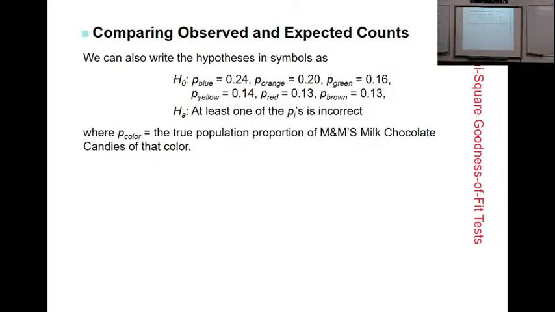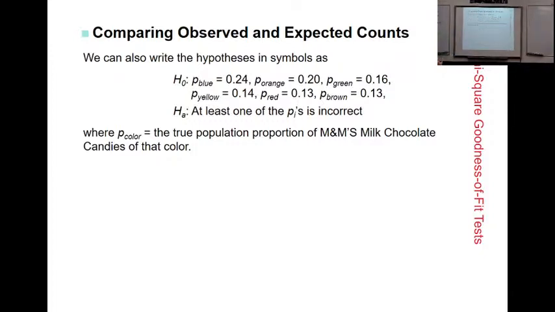And the way that we are going to test this is to compare something called observed counts with something called expected counts. The observed counts are kind of like when we did scatter plots and residuals, and we had this formula of observed minus predicted. It's pretty similar in this case as well.